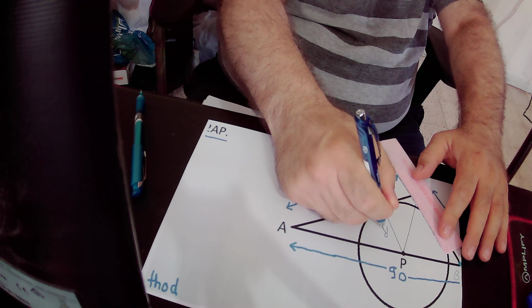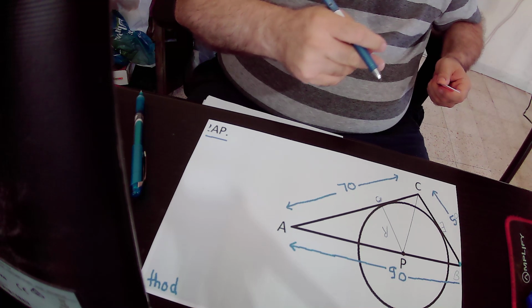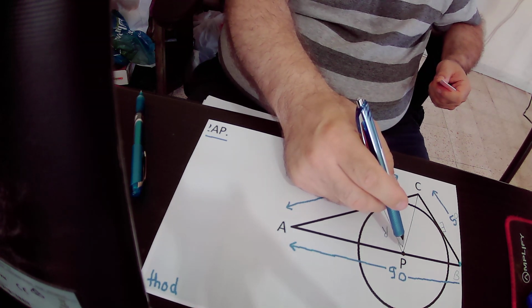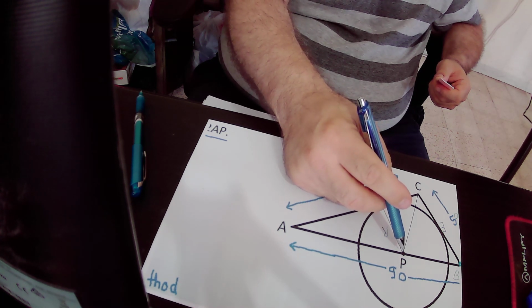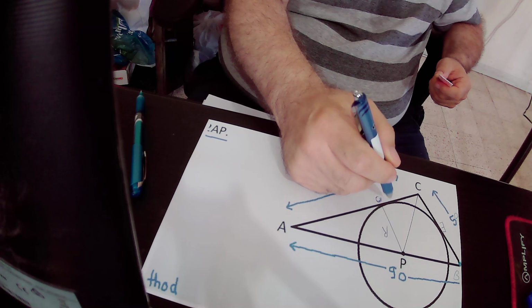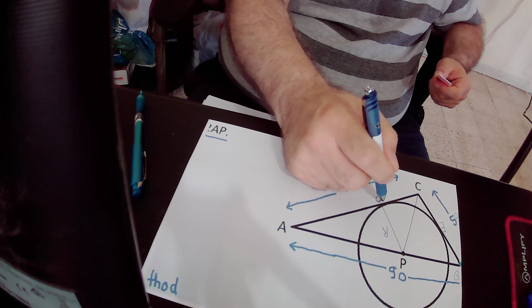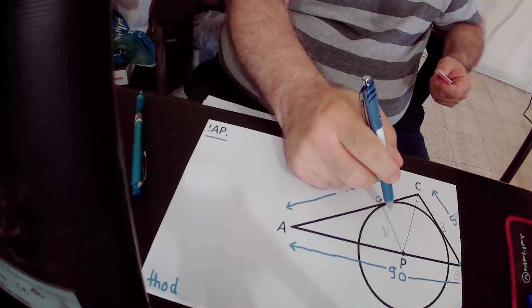We'll call it R, the abbreviation for radius, because the line OP extends from point P and touches point O on the circle, so it is defined as the radius of the circle.